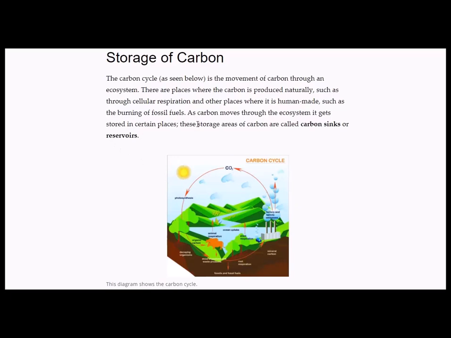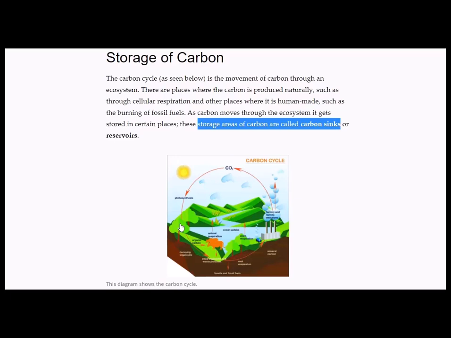So the places where the carbon is stored is called a carbon sink. Think about when you turn on the faucet, where do you store the water? You store it in the sink until you use it. So fossil fuel deposits are carbon sinks. Plants are carbon sinks because it's a place where the carbon is being stored for a certain amount of time.